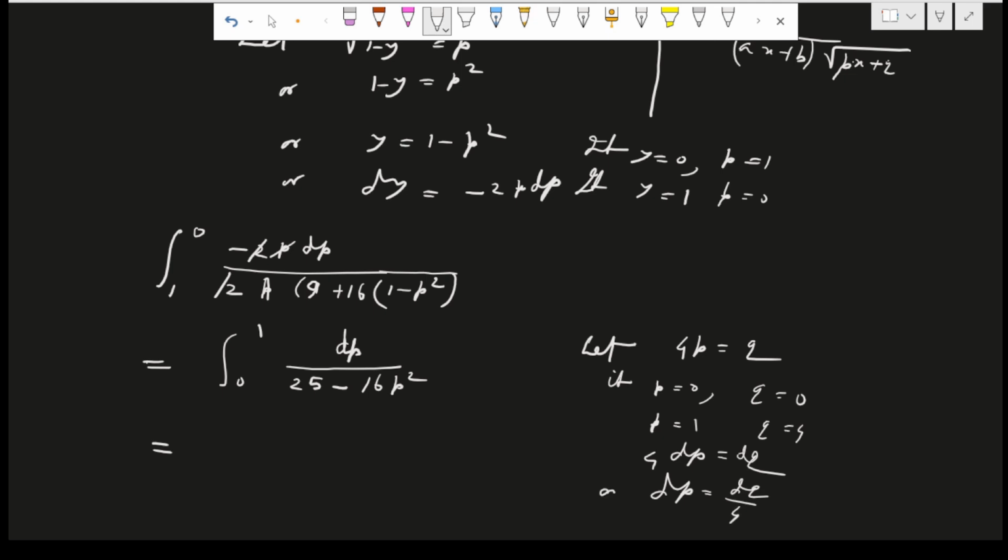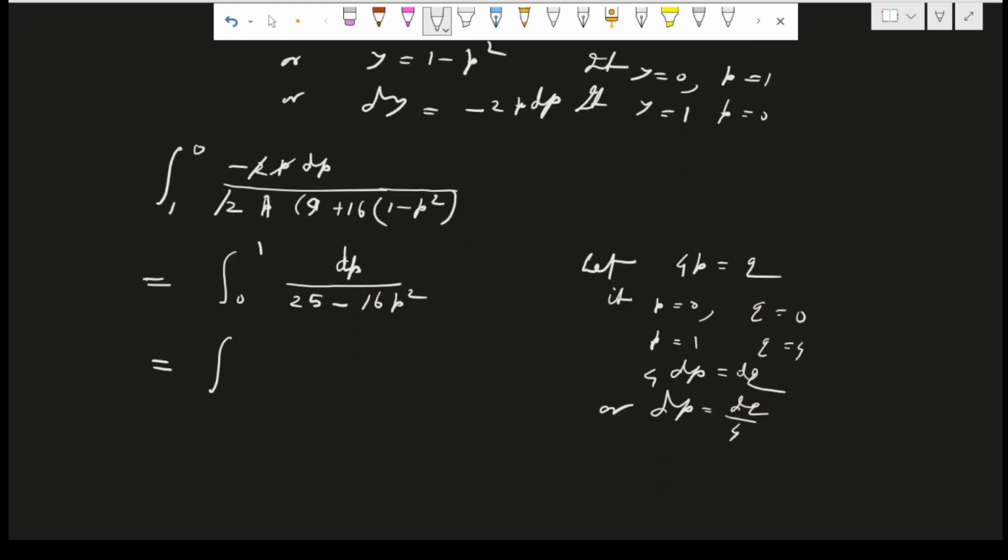Now substitute: the limits are 0 to 4, dp is equal to 1 by 4 dq, over 5 square minus q square. What is the actual formula? Or directly do 1 by 4 over (5 plus q) into (5 minus q).